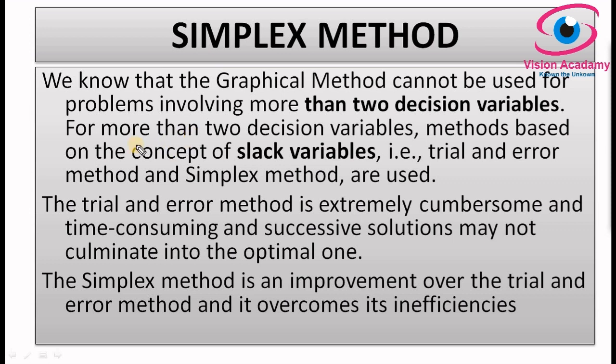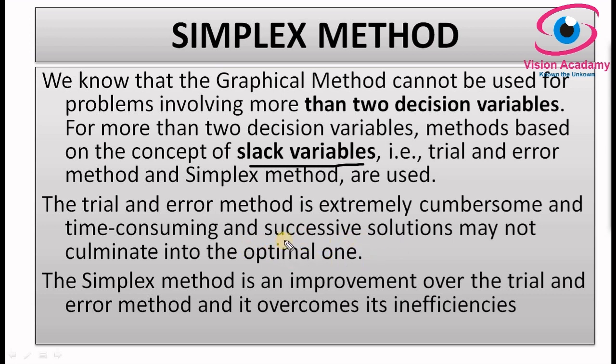So when you have more than two decision variables, there are some methods based on the concept of slack variable. If you have more than two decision variables, the solution will be given through slack variables. In the slack variable approach, we have the trial and error method and the simplex method. But the trial and error method is extremely cumbersome and very time consuming for calculation, and successive solutions from trial and error may not culminate in the optimal one.